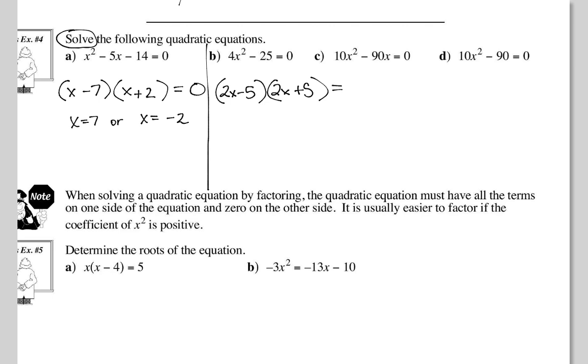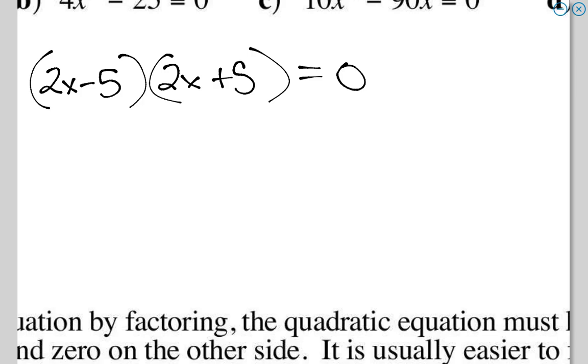And that's equal to 0. So this is where I would do that thing where you use your finger to cover it up. Cover up that 2 like it's not there. What would the answer be? What if that 2 wasn't there? What would the answer be? 5, right? How do you get rid of that 2 though?